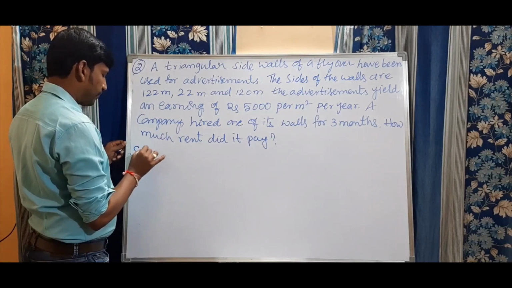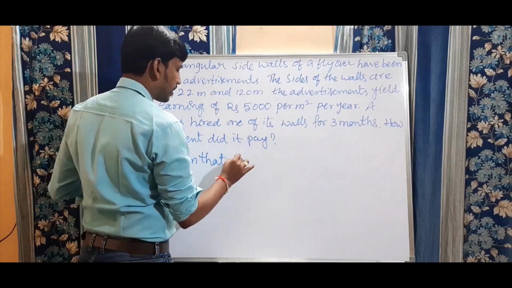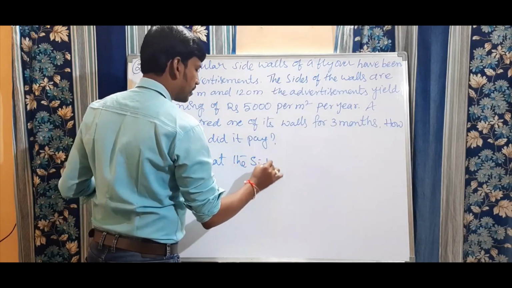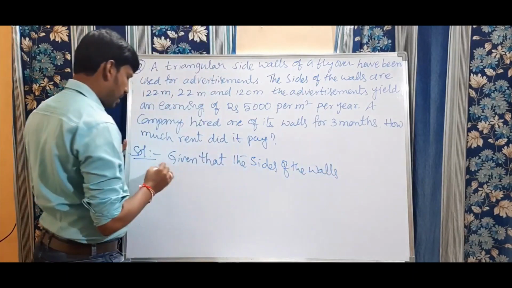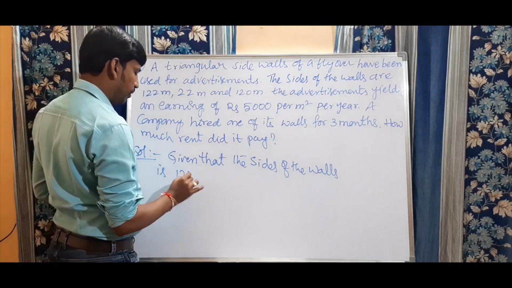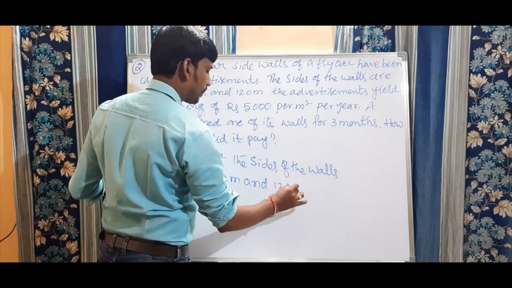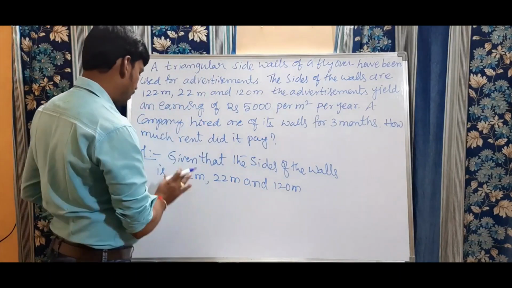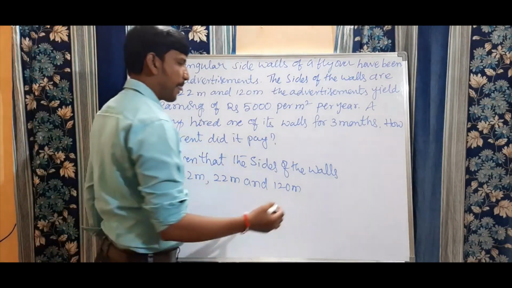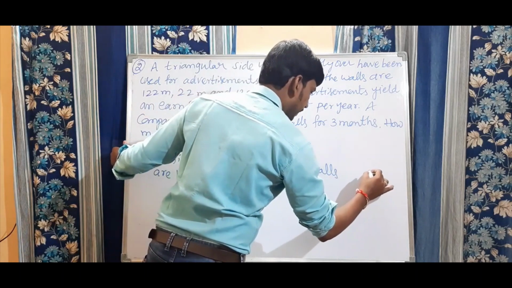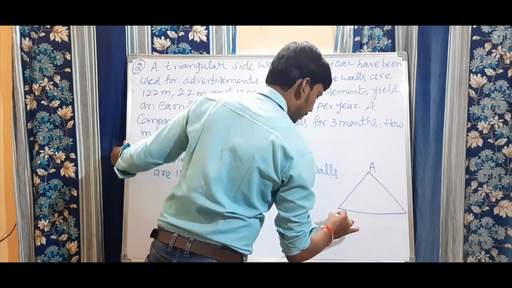So now here there is a triangle. Clear? The solution: given that the sides of the wall are 122 meters, 22 meters and 120 meters. Clear? Alright? Clear, my dears? So now first of all we need to find the s value. Okay? I'm drawing the figure here. Suppose this is a wall ABC.